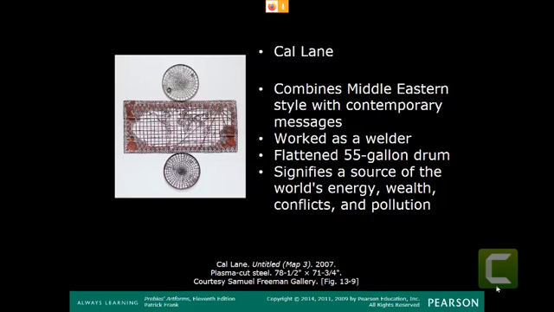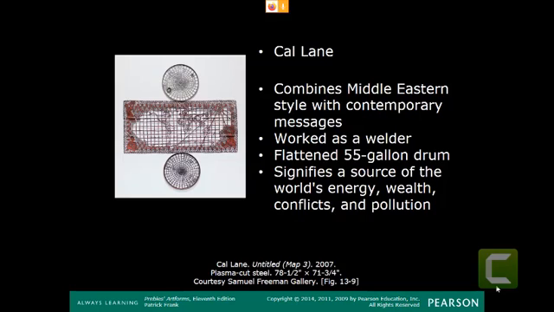And what the artist does here is combine Middle Eastern style with contemporary messages. In other words, this Middle Eastern, this Islamic style, has a lot of dense geometric shapes and patterns. And what the artist did was take these 55-gallon drums, these empty large drums, and flatten them.